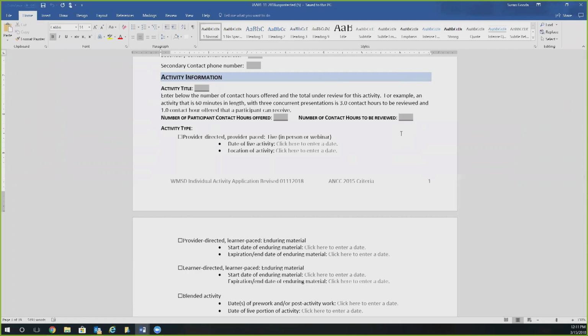They would be identical. But if you're offering a larger session where maybe it's a 3-day conference and you have breakout sessions and people can come to 1 day or 2 days or the 3rd day, or they can't go to all the breakout sessions, this is where it's important. We need the maximum number of hours that you are submitting to the WMSB for approval. So add all the hours up from all 3 days, all breakout sessions, and put that number here.